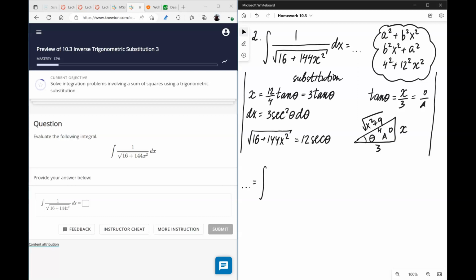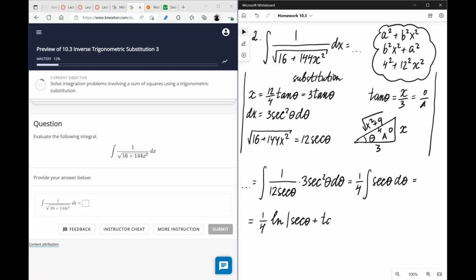This integral now becomes this. We have 1 over 12 secant theta times dx, which is 3 secant squared theta d theta, which is 1/4 integral of secant theta d theta, and it's a well-known integral, so it's 1/4 ln of secant theta plus tangent theta plus c.